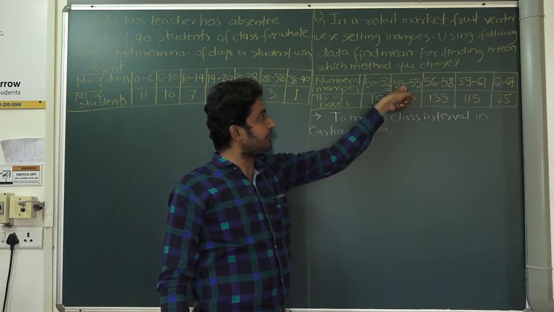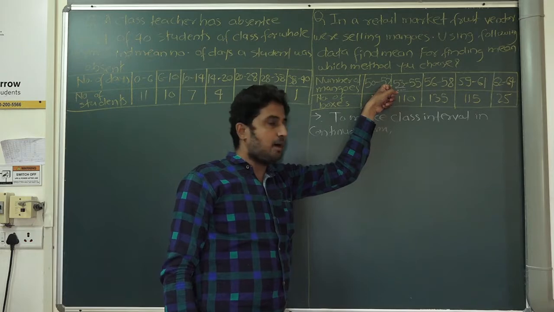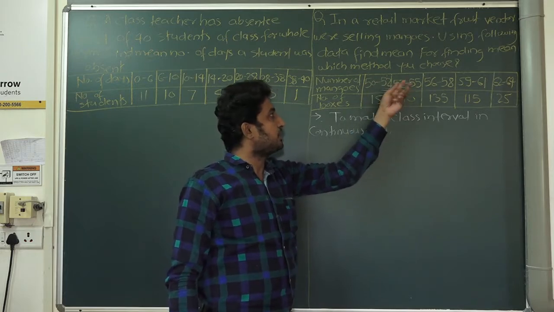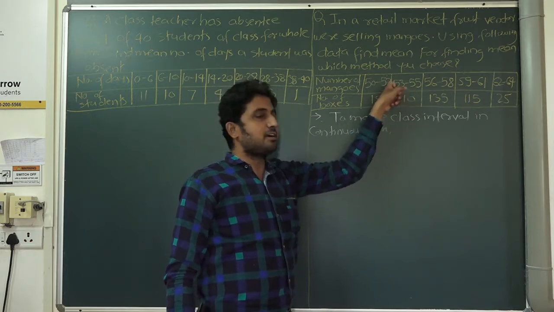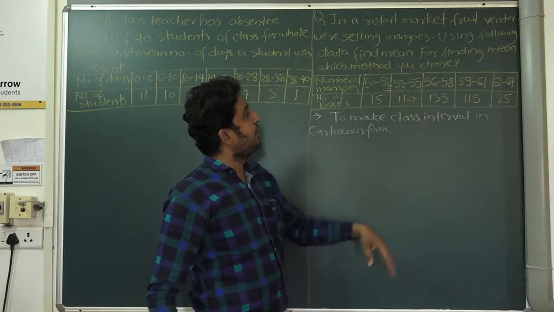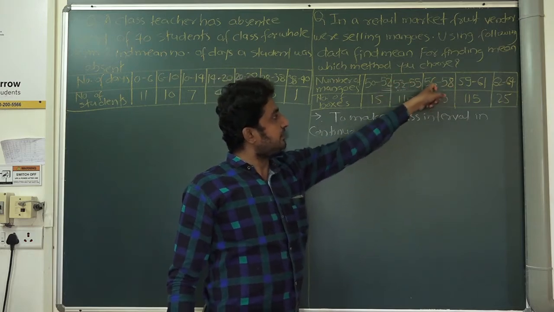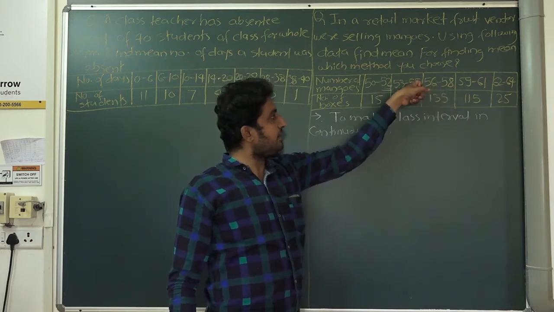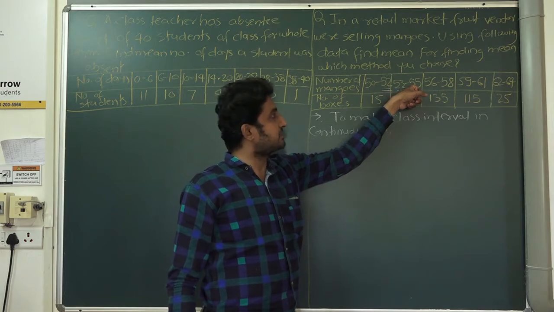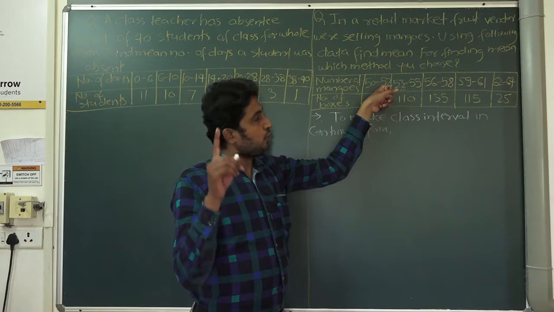So 53 is the lower limit of the higher class and 52 is the upper limit of its previous class. So subtract them, 53 minus 52, that is 1. You may take any class interval, but the method is to take the lower limit of the higher class and the upper limit of its previous class. So here 53 minus 52 becomes 1.